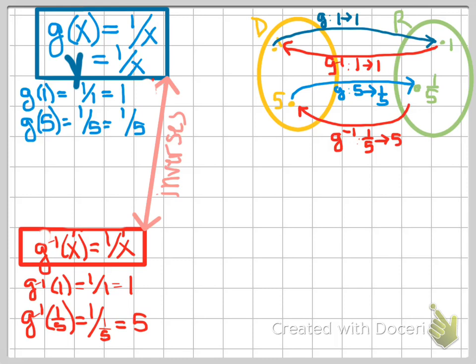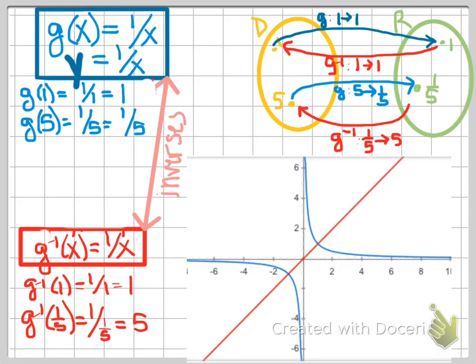So let's take a step back and see how these functions behave on the coordinate plane. I can see that my blue function is mapped, but it's also the same equation, same function as my red function, or as my inverse g function. The red line that goes through the grid is our identity function, y equals x.